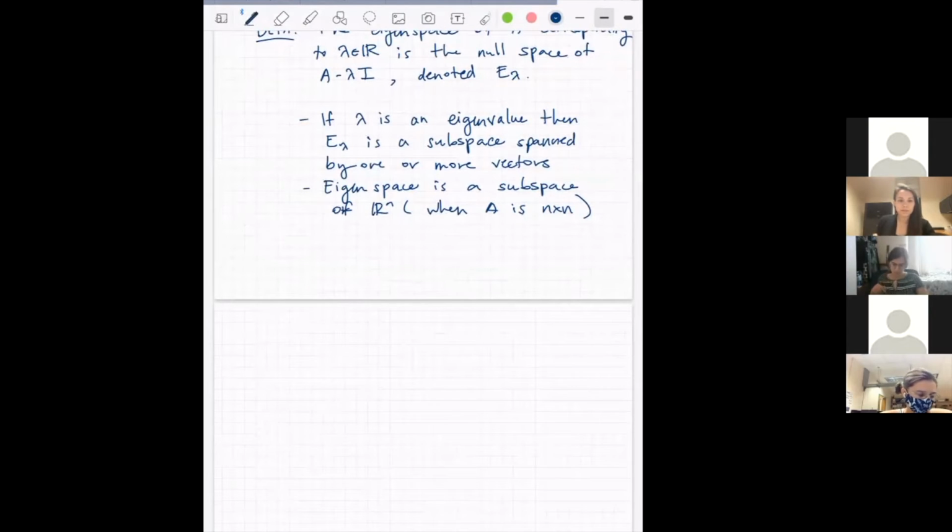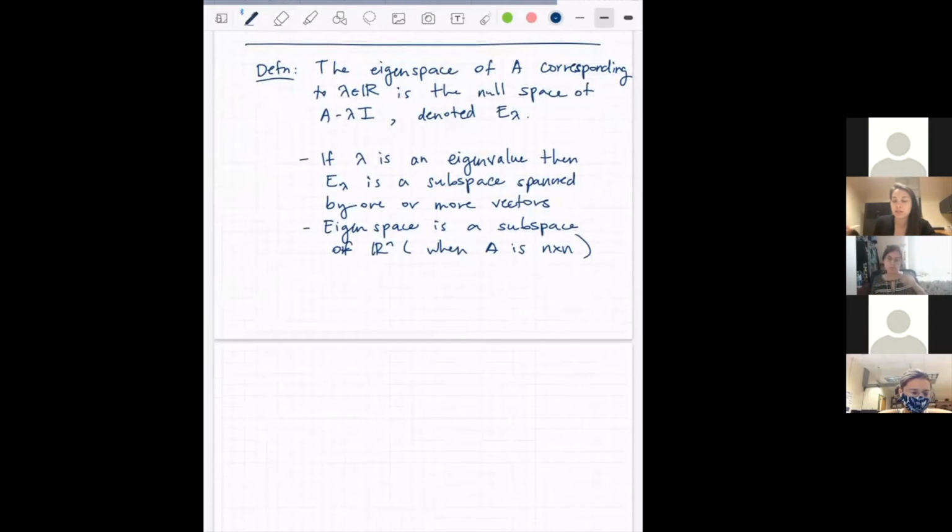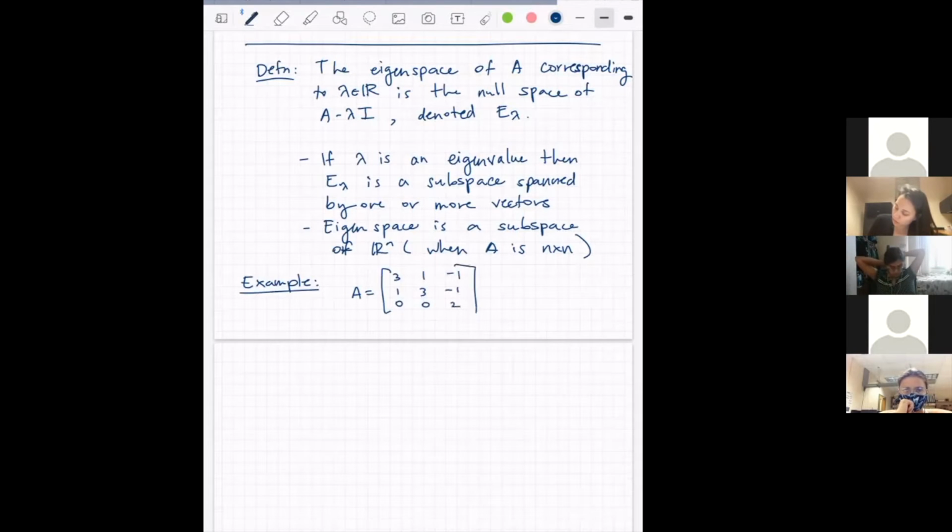Okay. And so finding the eigenspace, or finding a basis for the eigenspace, is going to be the same process as we've been doing for finding a basis for the null space, right? So the only thing different is the setup. So let's do an example. So say we have the matrix A, which is 1, 3, 0, -1, -1, 2.